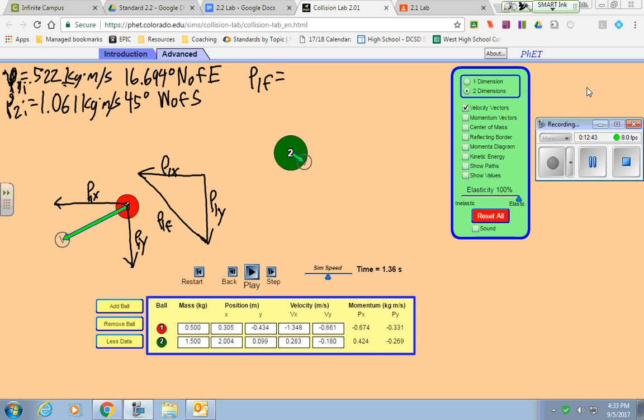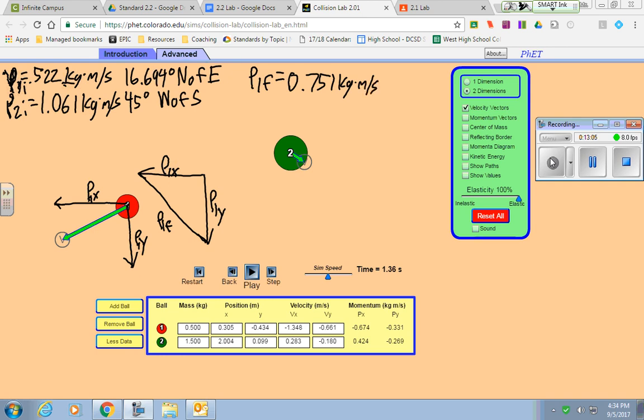P1 final is going to be 0.751, that's rounded, kilograms times meters per second. And then we need to find its angle.